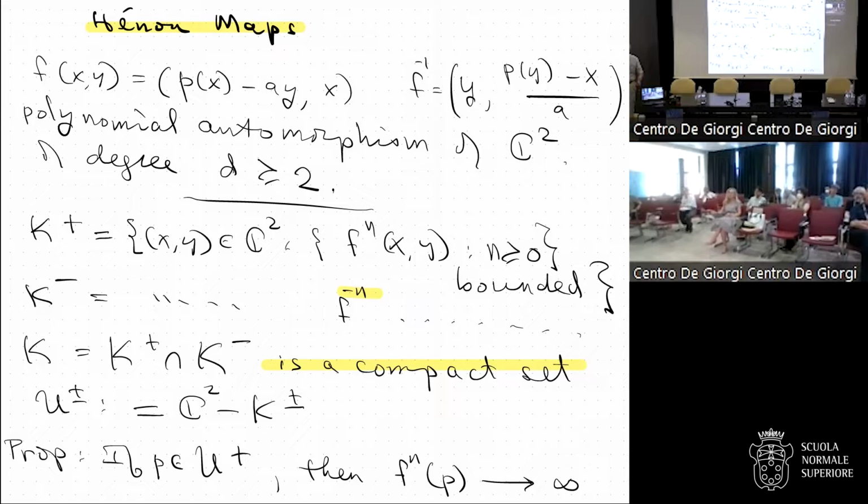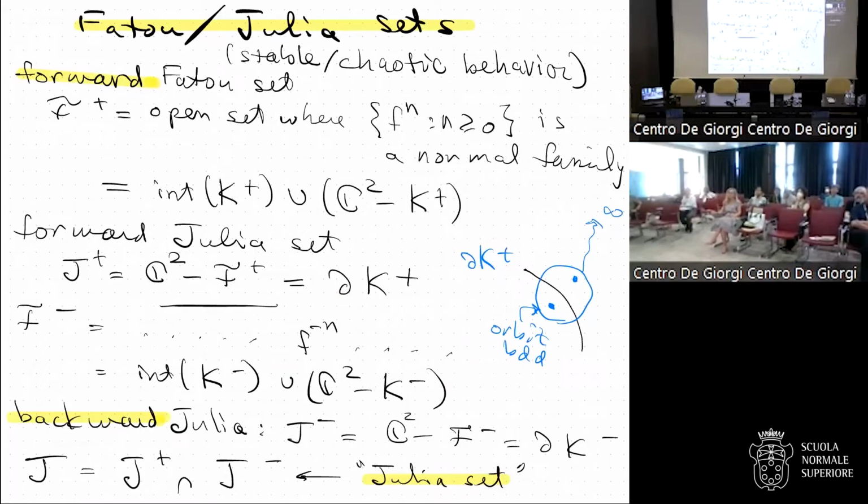We can look at the complement of these things. And one of the theorems is if you do not stay bounded, then in fact you go to infinity. That's another theorem. So now I'm looking at holomorphic dynamics. These polynomials are holomorphic.